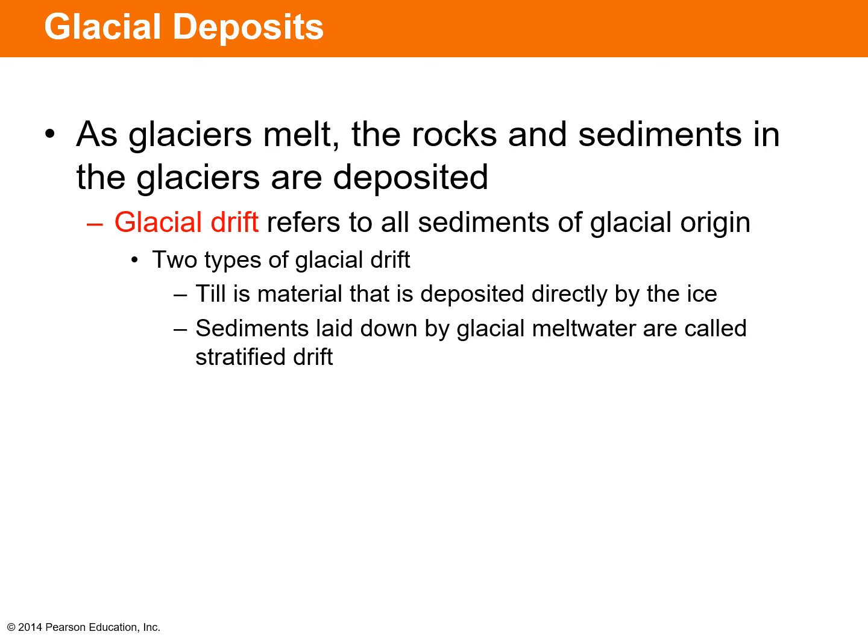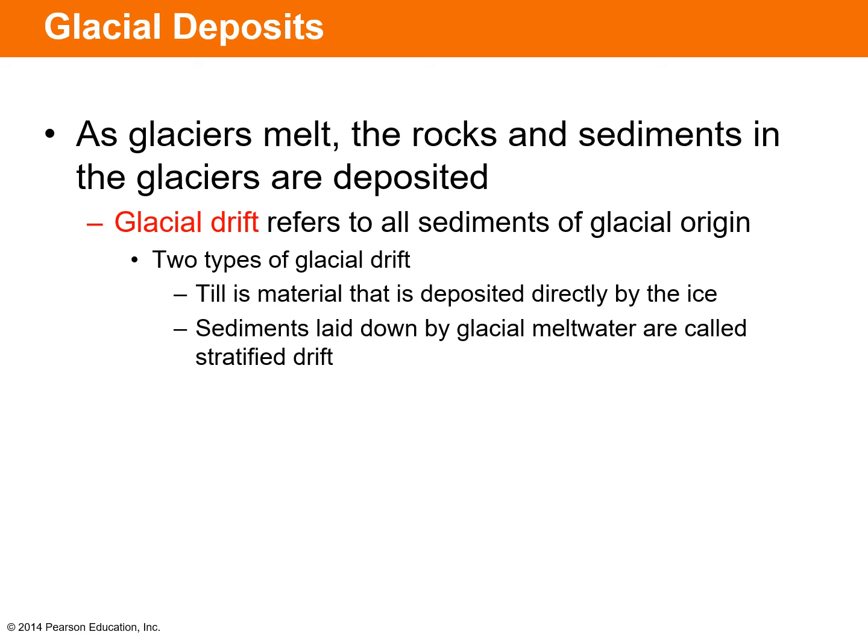Okay, so landforms don't only form by glacial erosion, but they also form from glacial deposition. So as glaciers melt, the rocks and sediments in the glaciers are typically deposited because the glacier is no longer carrying them. So in terms of glacial deposits, glacial drift is a term that refers to all sediments of glacial origin.